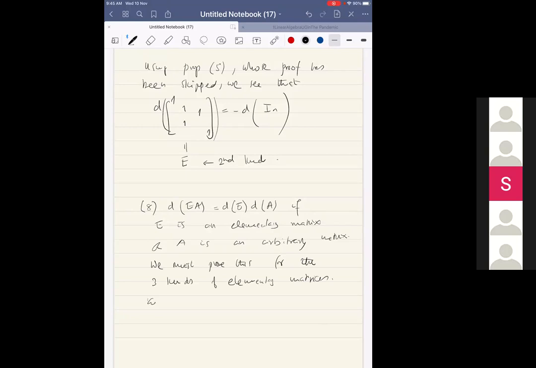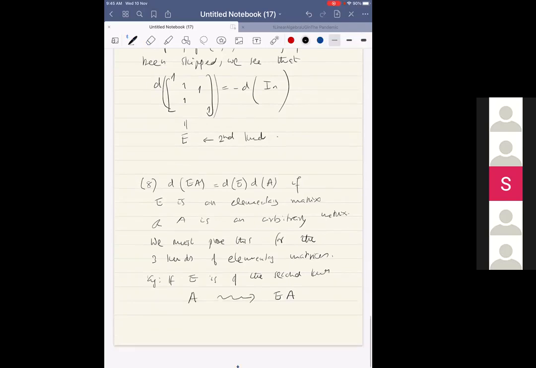Example, if E is of the second kind, EA, what is the relationship between A and EA? How do you describe EA in terms of A?